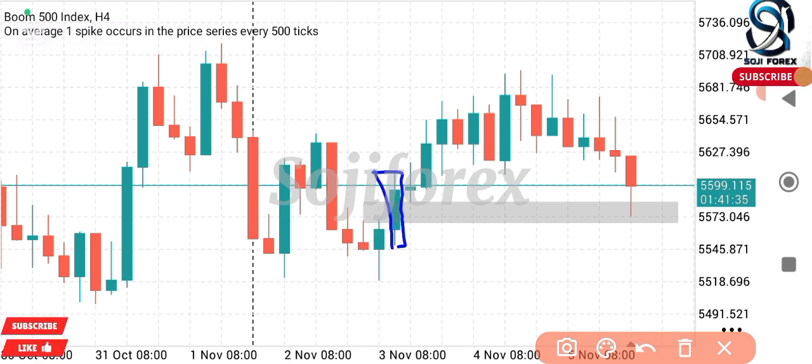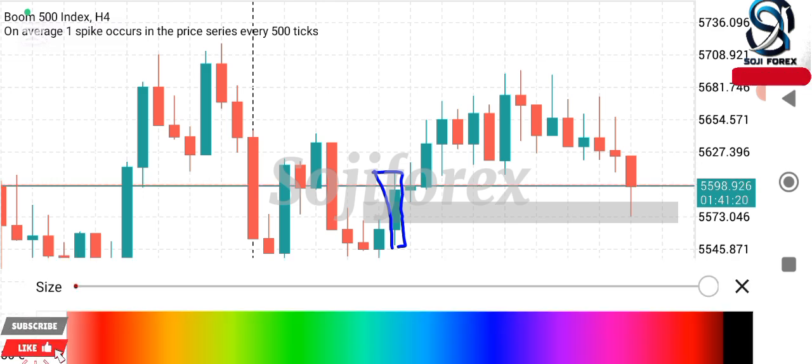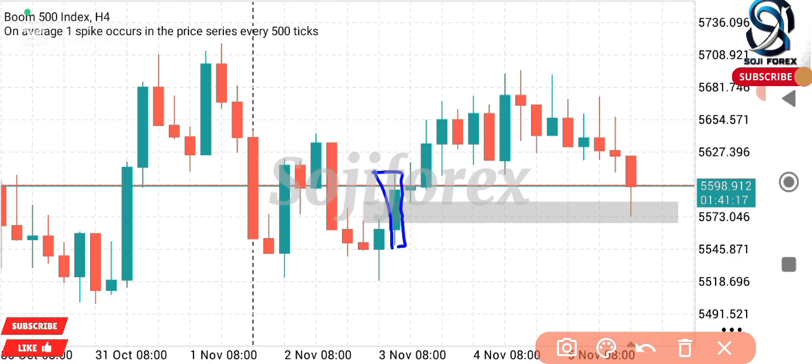So now for us to know how I got this fair value gap, the rule is we need to identify the high of the candle before the candle we want to consider. So let's label the candle before as our candle B. Then let's label the candle after this candle we want to consider as our candle A. So that is candle A and this is candle B.